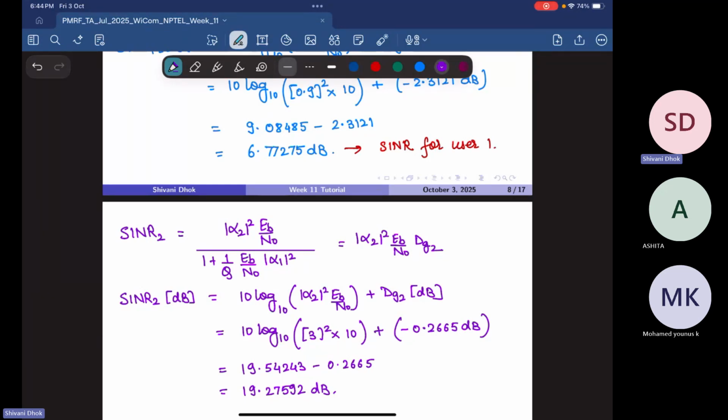There is a huge difference. So that's why power control is very important to do, especially when your alphas are very different. One alpha 1 had magnitude 0.3, another had a magnitude of 0.9 and another was 3. So that was quite different. This basically indicates your near far problem.